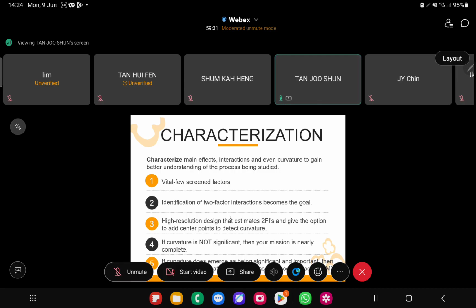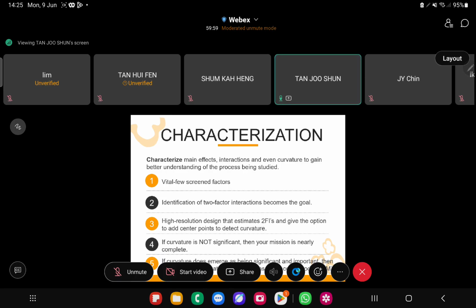Otherwise, in this characterization, if curvature is not detected, then it's difficult for you to find the range later. But you still can find the range using the improvement, just that you will need to run more experiments to do it.